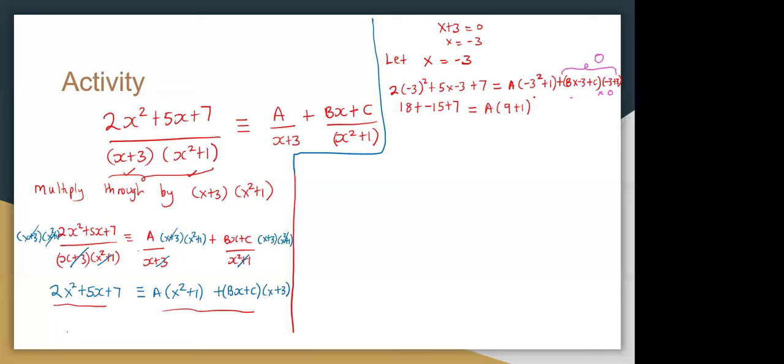And please, those people who use the calculators, be very careful. Your calculator may give you a wrong answer if you don't know. Whenever you're placing a negative in the calculator, put a bracket and then square it very well. So here I have 18 minus 15 plus 7. Here, members, I'll have 10 equaling to A times 9 plus 1 is 10. So I'll have 10 equaling to 10A. Divide by 10, divide by 10. My A will equal to 1.